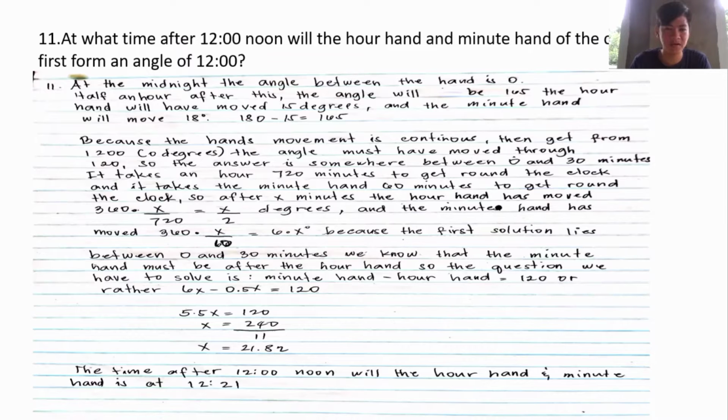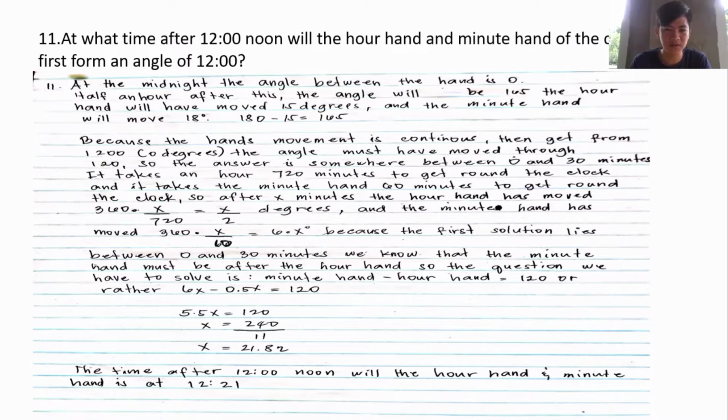It takes the hour hand 720 minutes to get round the clock, and it takes the minute hand 60 minutes to get round the clock. So after x minutes, the hour hand has moved 360 times x over 720 equals x over 2 degrees, and the minute hand has moved 360 times x over 60 equals 6x degrees.